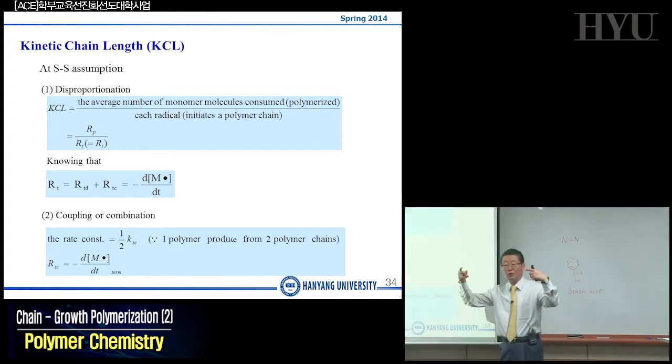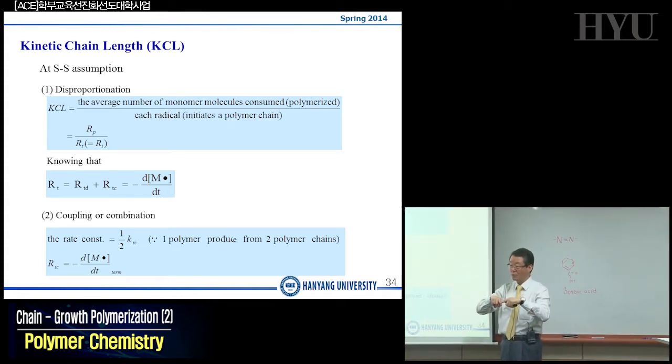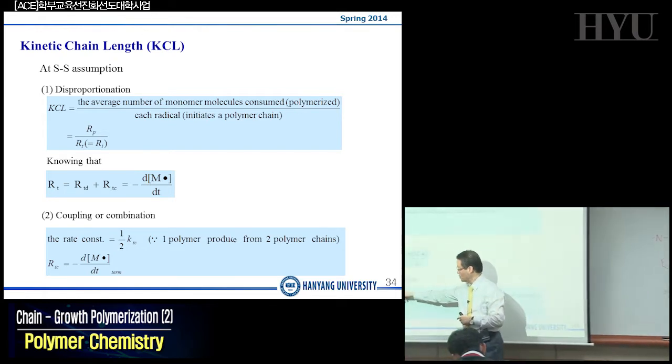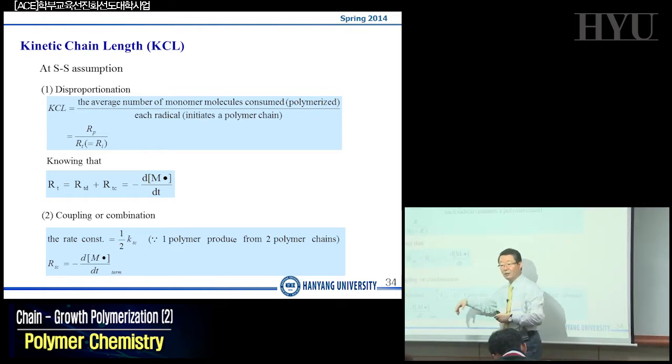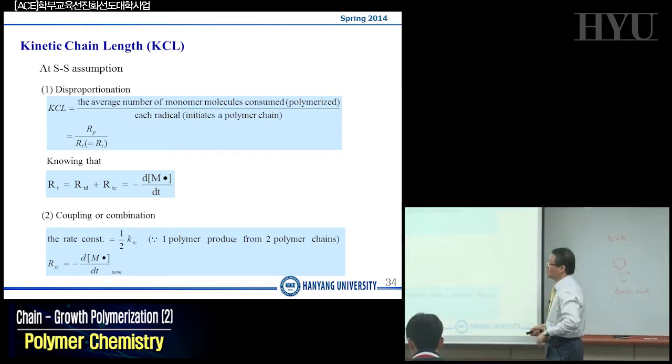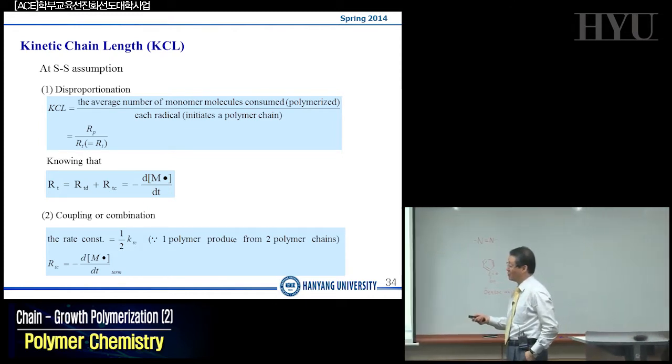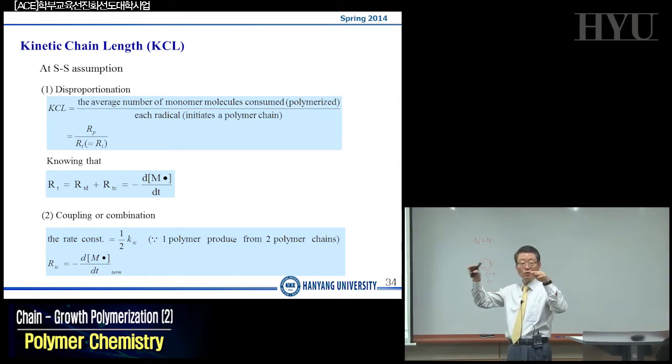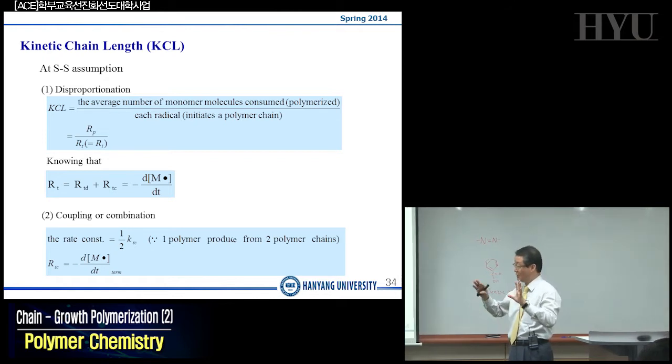Two growing chains will become one polymeric molecule. So by convention, we put just a half here. Whereas in the case of disproportionation reactions, two growing chains will become two dead chains. So it's just the same.